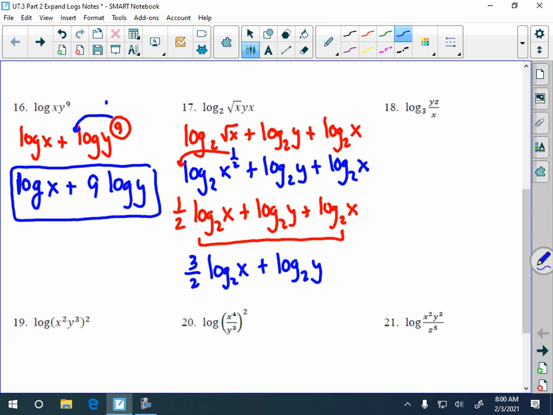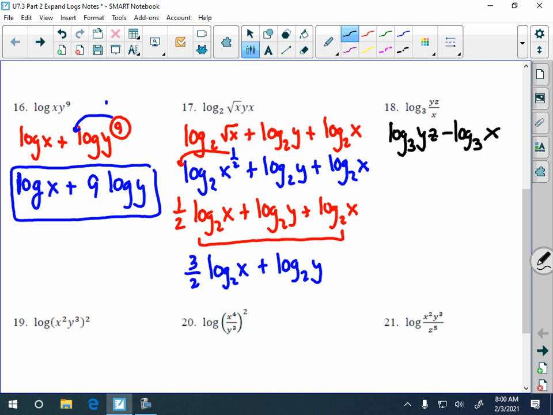All right, and then 18. Hopefully I have enough room here. So we have a fraction, so that has to expand to subtraction first. So log of yz minus log 3x.